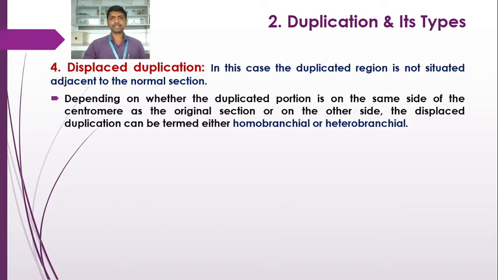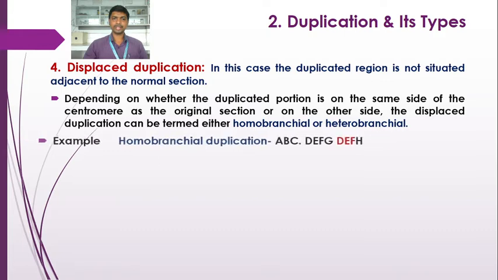So when the duplicated portion of the chromosome is present on the same side of the centromere as the original section, then it is homobranchial. And when it is present on the other side of the centromere from the original section, then it is called heterobranchial.